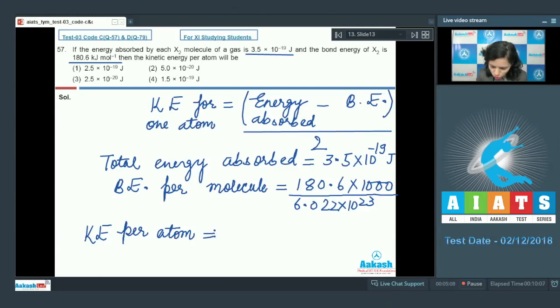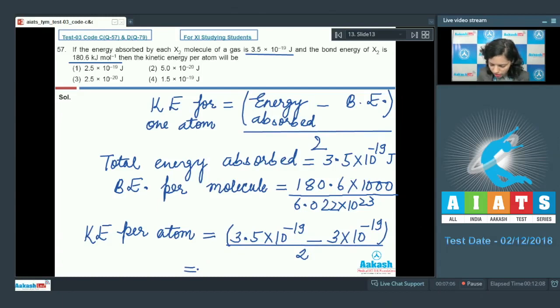That is equal to the total energy absorbed, 3.5 into 10 raised to the power minus 19, total energy absorbed per molecule, minus. If you solve this, you will find out that this value is equal to 3 into 10 raised to the power minus 19 divided by 2.